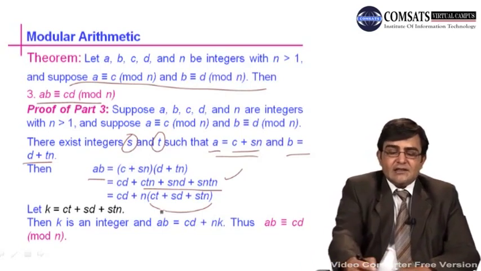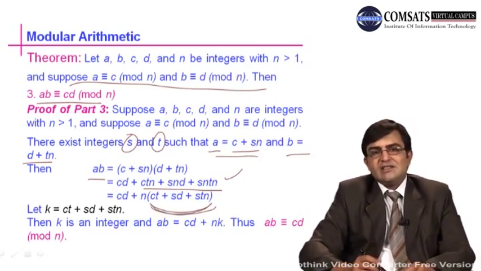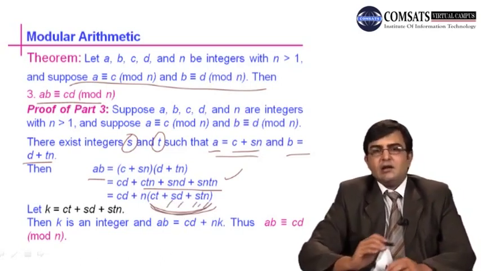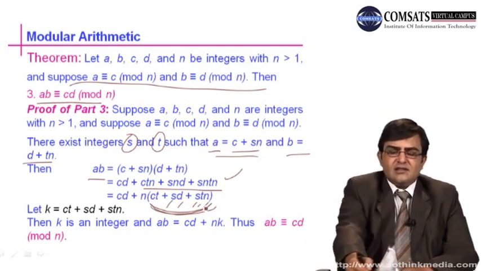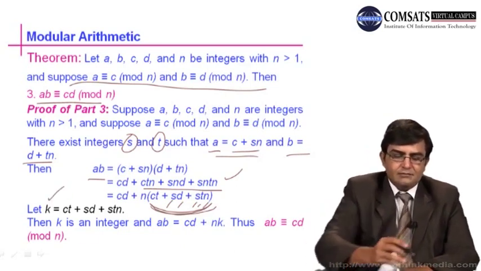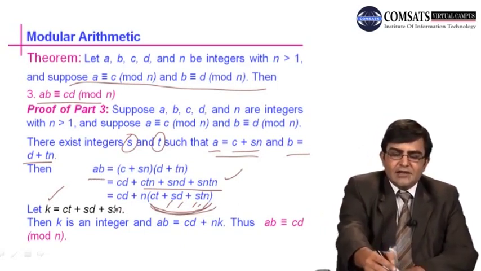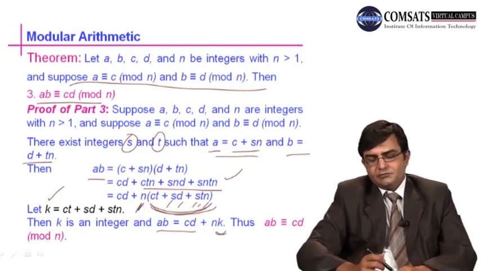So we can say that this whole term is an integer, because c, t, s, d and n are all integers. If we multiply integers and then take the sum of integers, we get an integer. So we can say this is some integer k, and we can write ab is equal to cd plus n into some integer k.